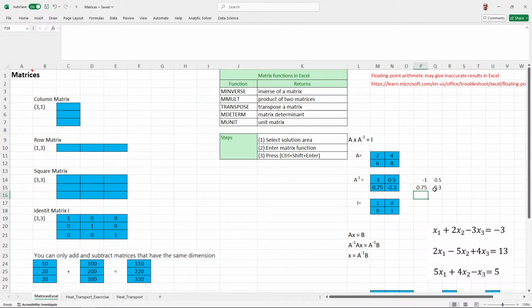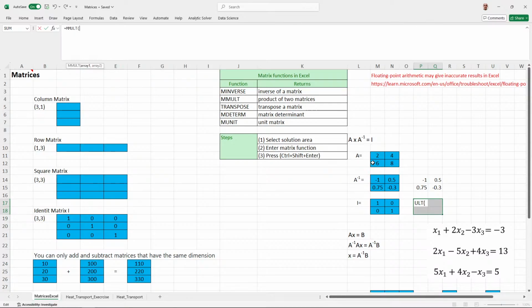Can I confirm that this is the inverse of this matrix? Yes. How can I confirm? Remember, the matrix times the inverse of the matrix will give you an identity matrix. So let me do this. You select the solution area, and here I will use a multiply function, MMULT.